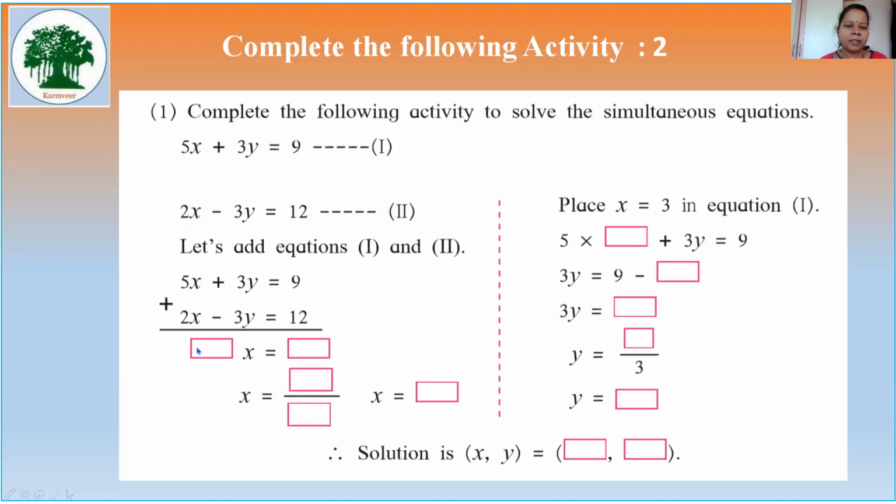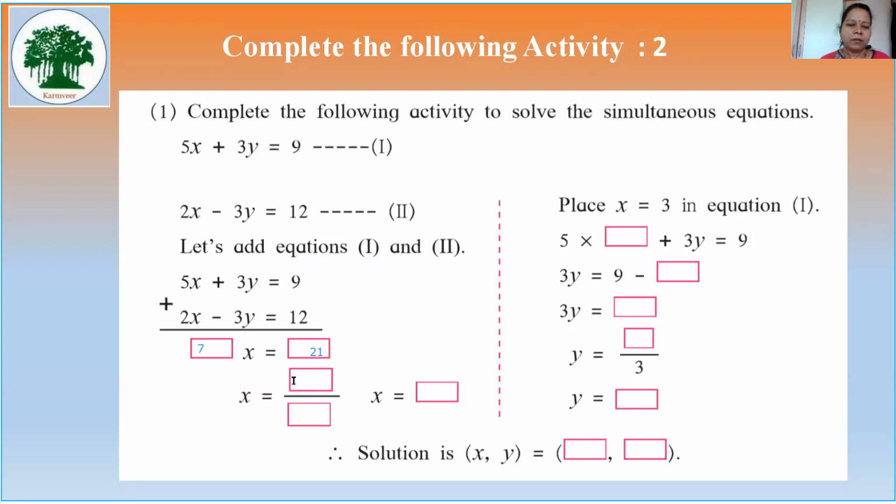So adding first and second, we get 5x plus 3y is equal to 9, 2x minus 3y is equal to 12, that is 7x. So 7x is equal to 21.